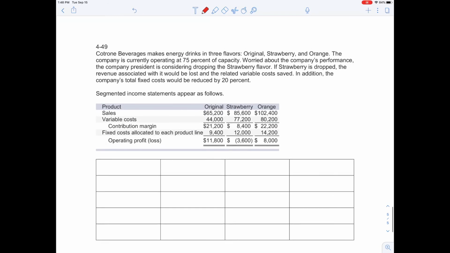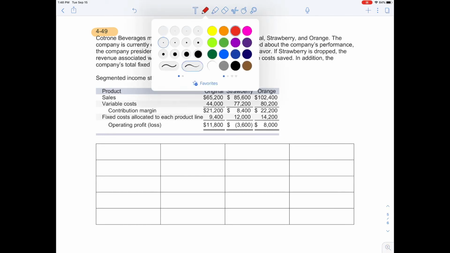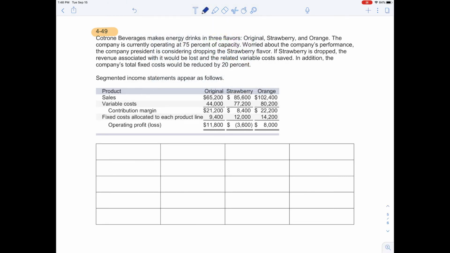One more problem to go through. This is problem 4-49 in your book, if you want to follow along. And this one we're going to go through looks at whether we should make or add or drop.